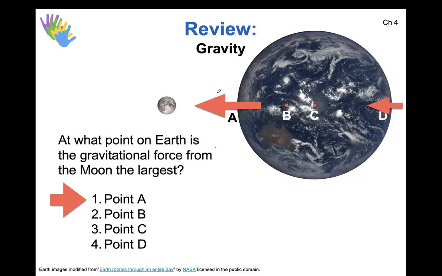So that means that we have a difference in the gravitational force. The variation in the gravitational force on one side of the planet versus the other side is significantly, not dramatically, but significantly different. And it's fair to say that's because of the large size of our moon.